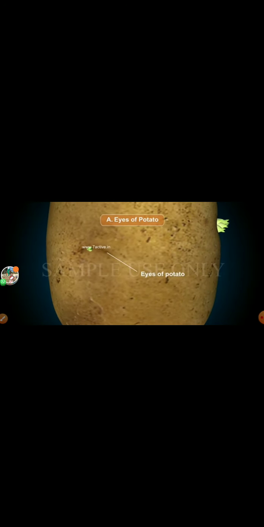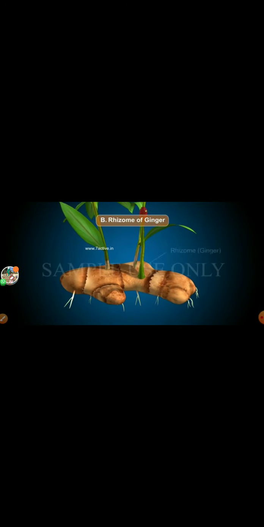Now let us see few examples of vegetative propagules in Angiosperms. A. Eyes of potato. B. Rhizome of ginger. C. Bulbils of agave. D. Leaf buds of Bryophyllum.